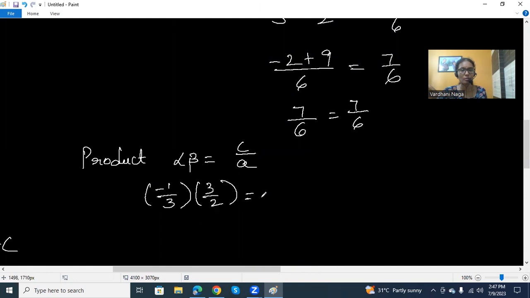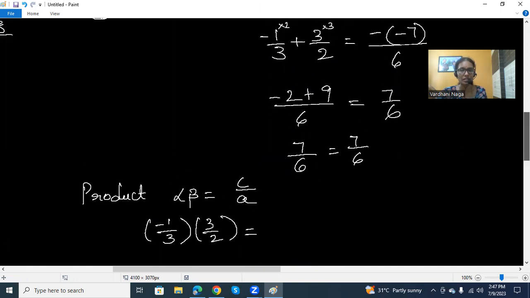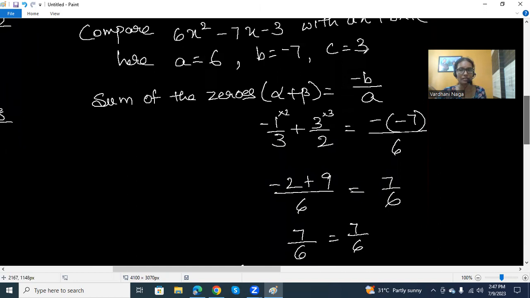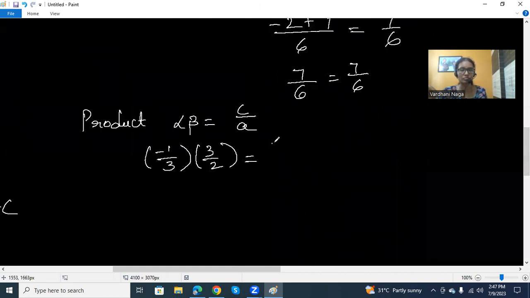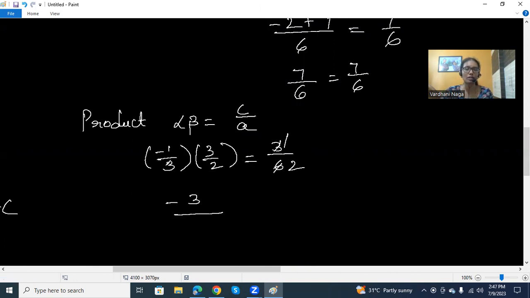Next, C by A means, from this, 3 by 6. Minus into plus is minus; you can multiply even unlike fractions. 3 1s are 3, numerator multiply, denominator 3 2s are 6, and 1 by 2.